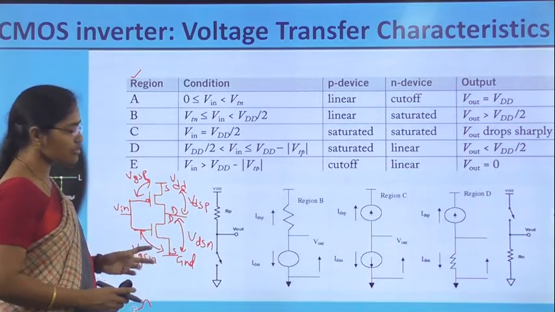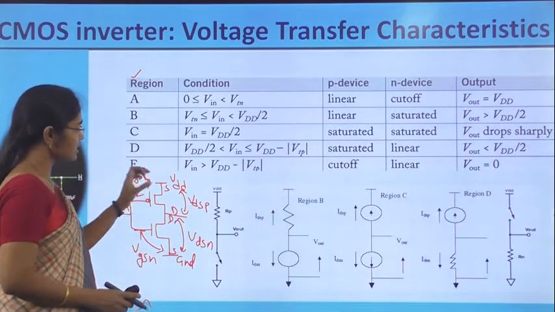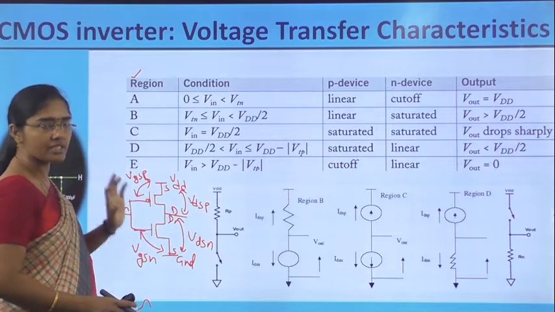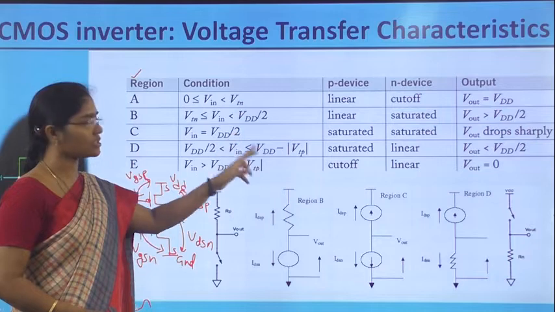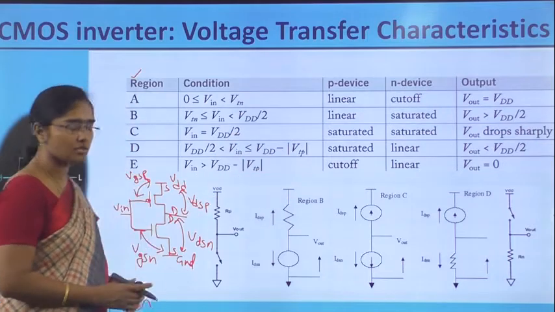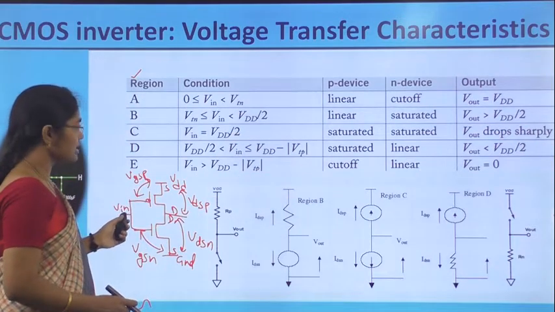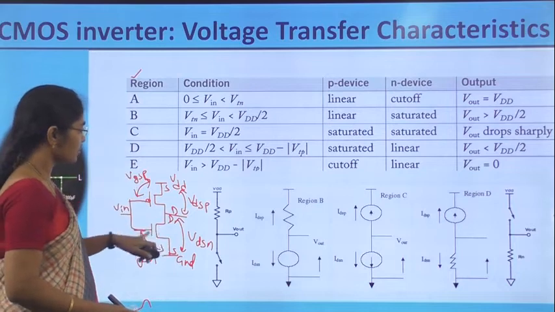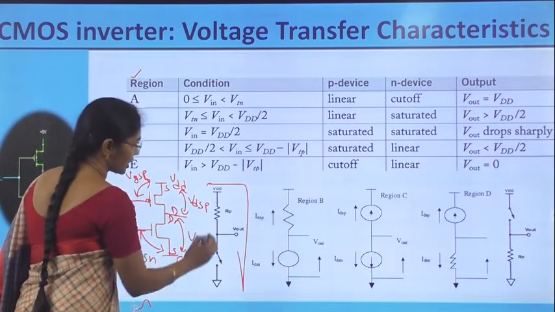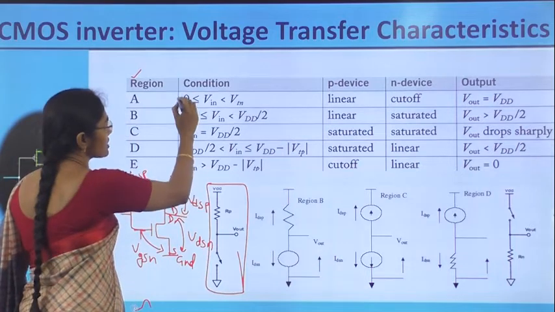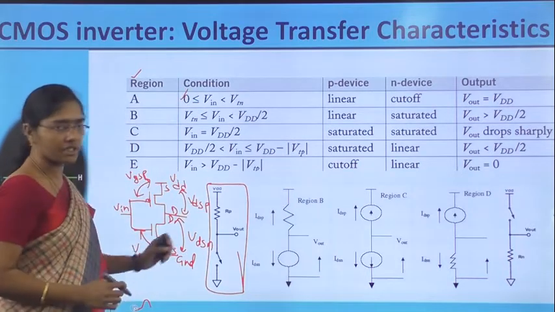Depending upon the values of VGSN, VGSP, VDSP and VDSN, this inverter has these 5 regions of equivalent circuits. First, let us take Vin in the first range, where the NMOS transistor is open. This is region 1 or region A, for 0 to VTN.